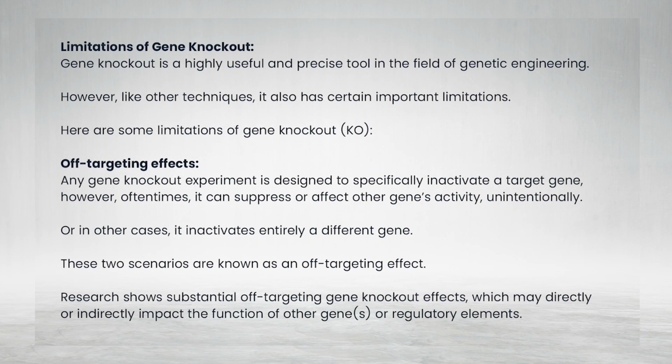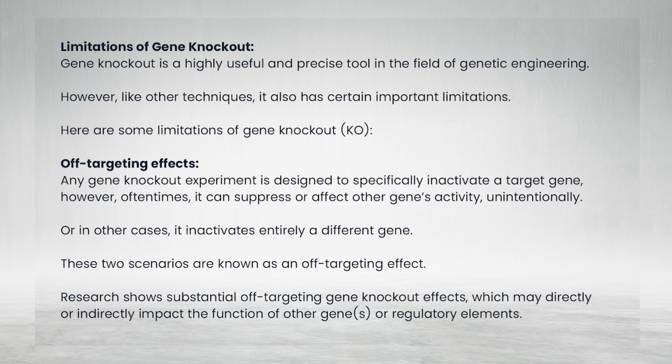Off targeting effects. Any gene knockout experiment is designed to specifically inactivate a target gene. However, many times it can suppress or affect other genes' activity unintentionally, or in many cases it inactivates an entirely different gene.